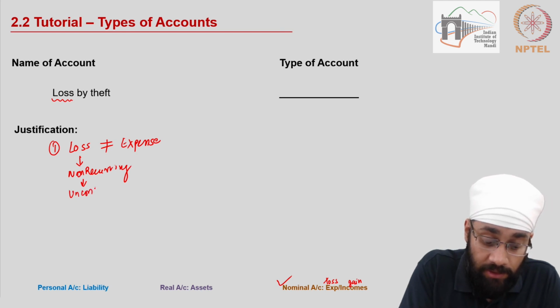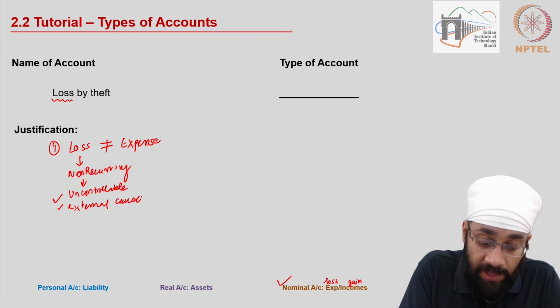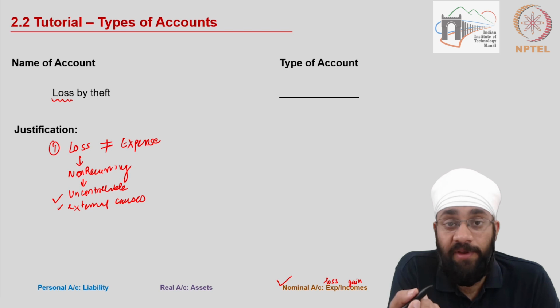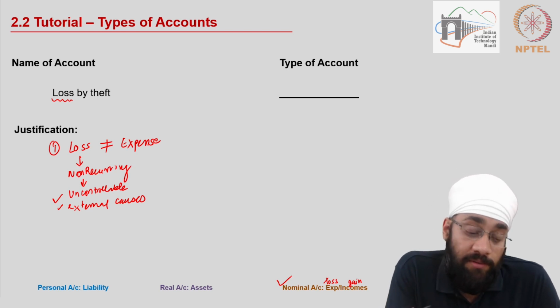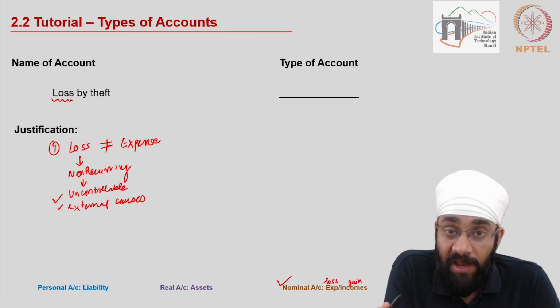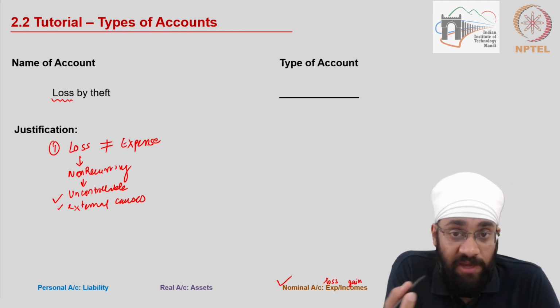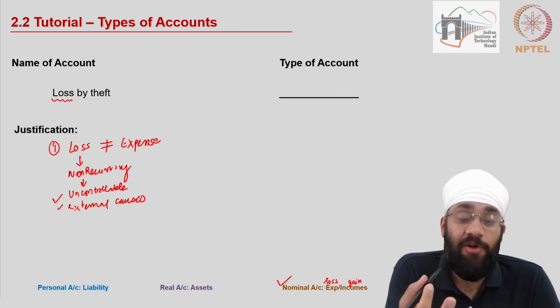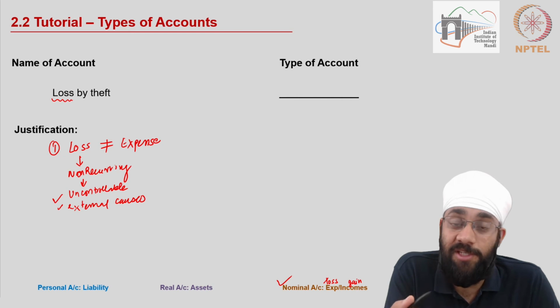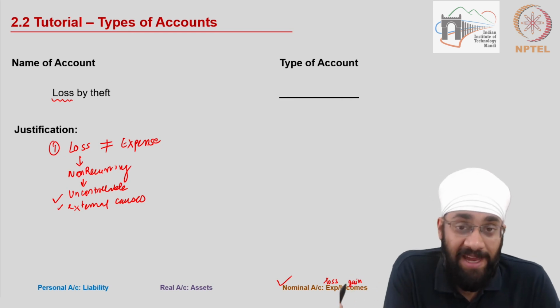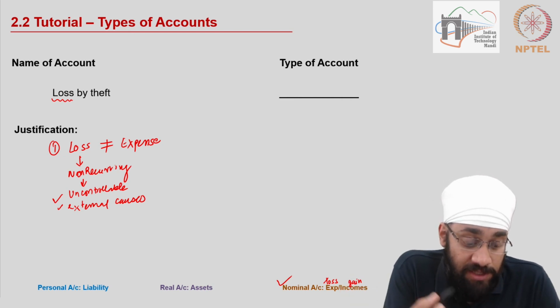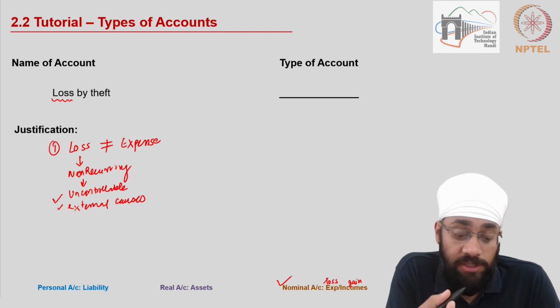Sometimes uncontrollable, and also this happens due to external causes. So here, loss by theft, you didn't plan for it. Loss by fire, you didn't plan for it. Embezzlement of cash, you didn't plan for it, and these are not typical expenses of business, but you anyway lost cash in the process. So such items are called losses.